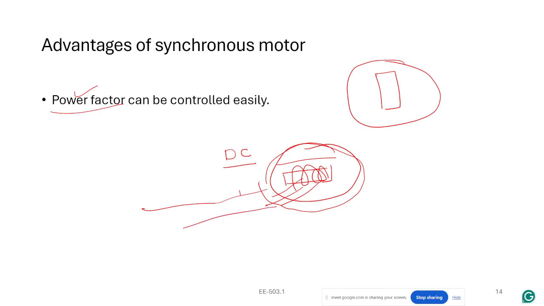Through the brushes the armature is connected, and due to the magnetic field production, a stationary magnetic field is also produced in the stator as well as the rotor.